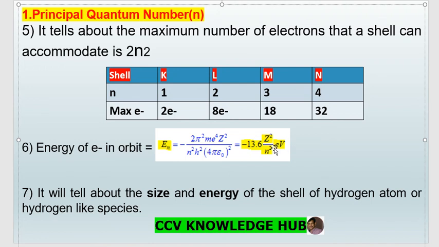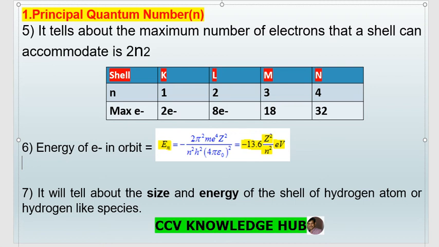By using this formula, you can find the energy of an electron in a particular orbit. The main thing, principal quantum number tells about the size and energy of the shell of the hydrogen atom or hydrogen-like species. So friends, this is the information about the principal quantum number.